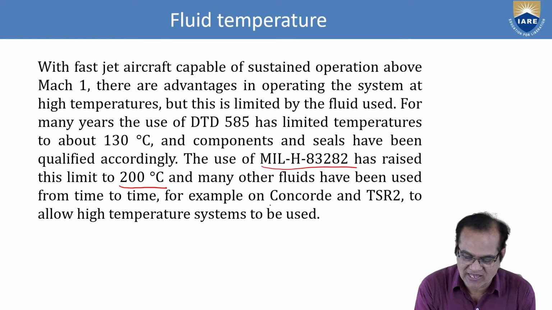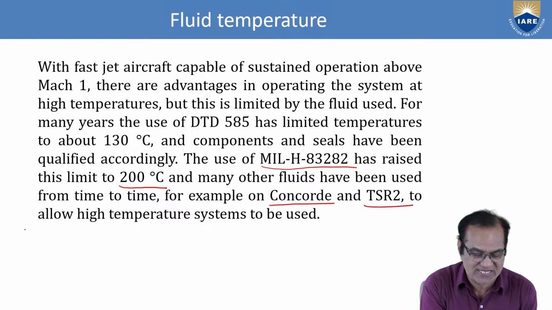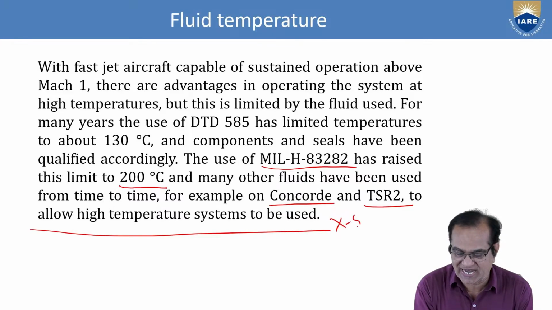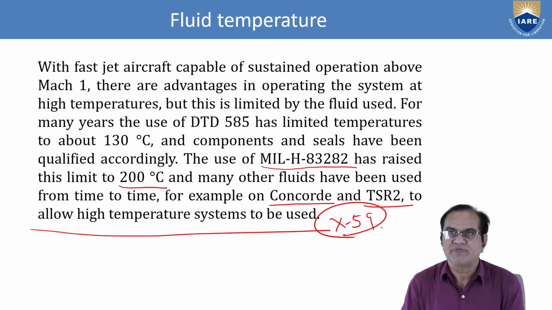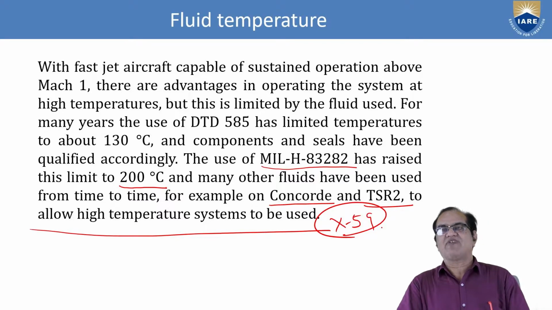Like this, nowadays X-59 and other experimental supersonic aircraft for passengers have to use military H83282 fluid for the operation of the hydraulic system, which is able to sustain high temperature up to 200 degrees centigrade.